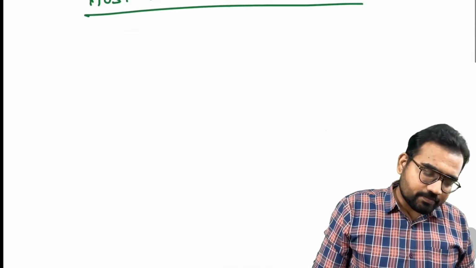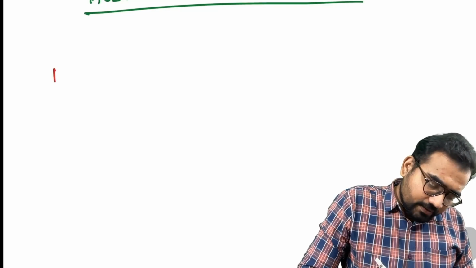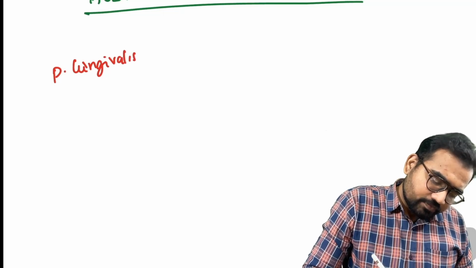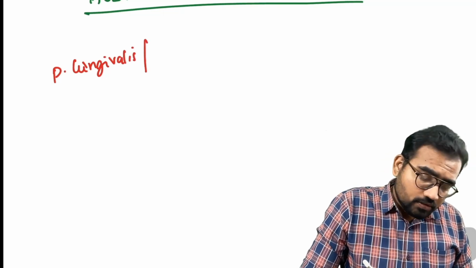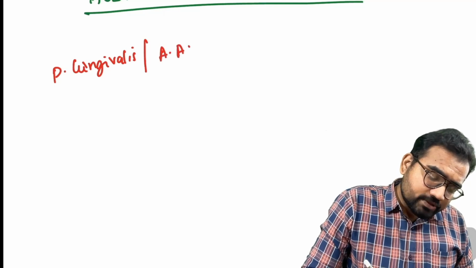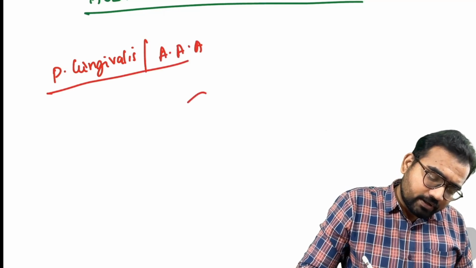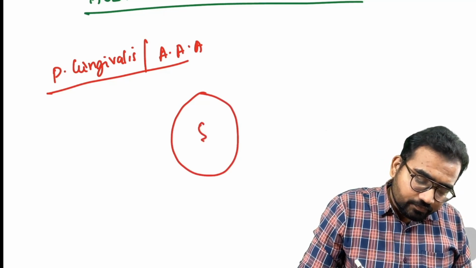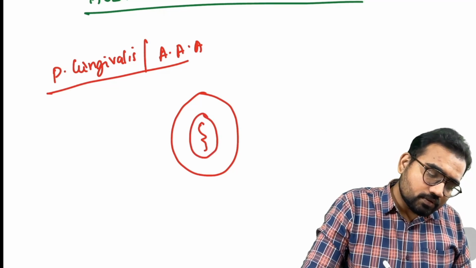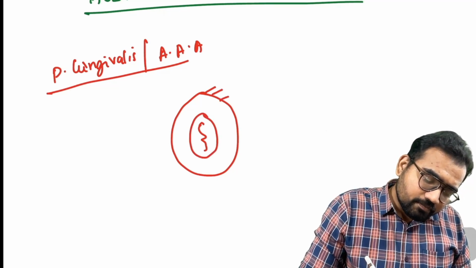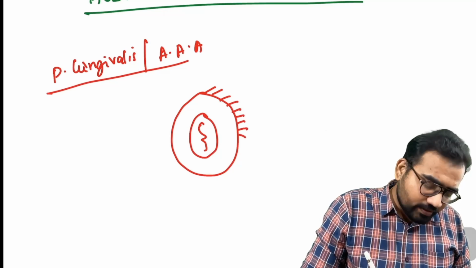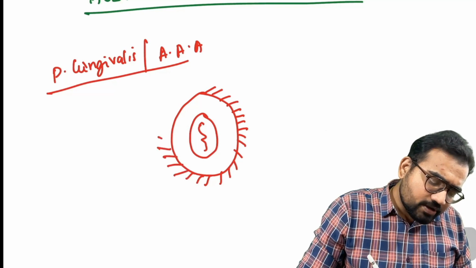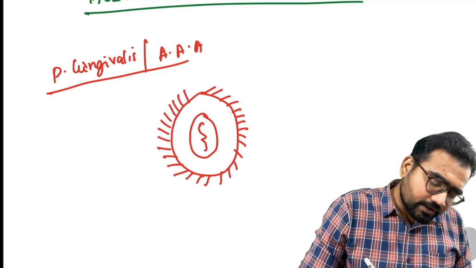Okay, very simple. So any bacteria, say for example Porphyromonas gingivalis or Aggregatibacter actinomycetemcomitans, any bacteria for that matter, will have certain patterns over itself. These patterns are extremely unique for each bacteria.